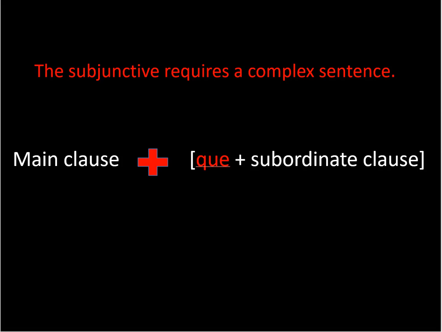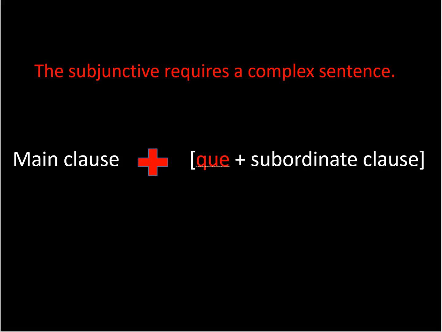Now, vamos a los usos del subjuntivo. ¿O cuándo usamos el subjuntivo? Vamos a ver 3 reglas para el subjuntivo. Empezamos. Número 1 es: the subjunctive requires a complex sentence.